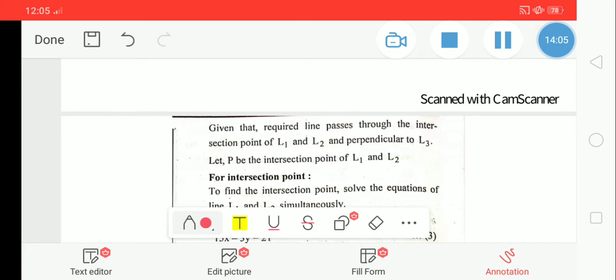Now, the required line passes through the intersection point of L1 and L2 and is perpendicular to L3, line 3. Let P be the intersection of L1 and L2.